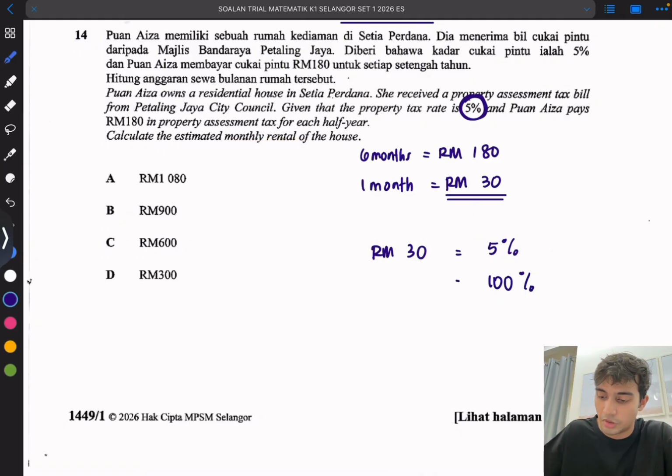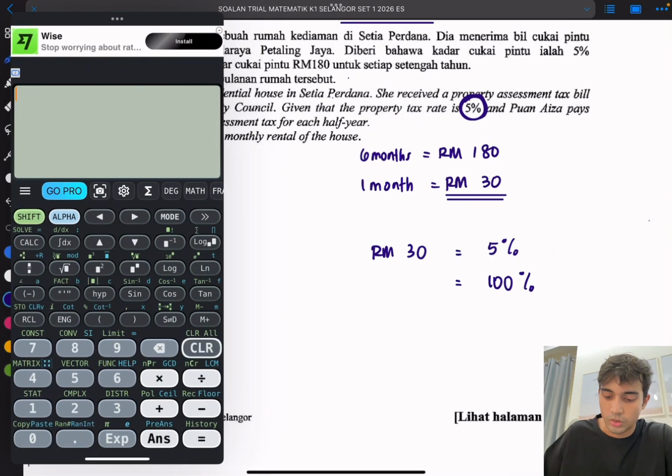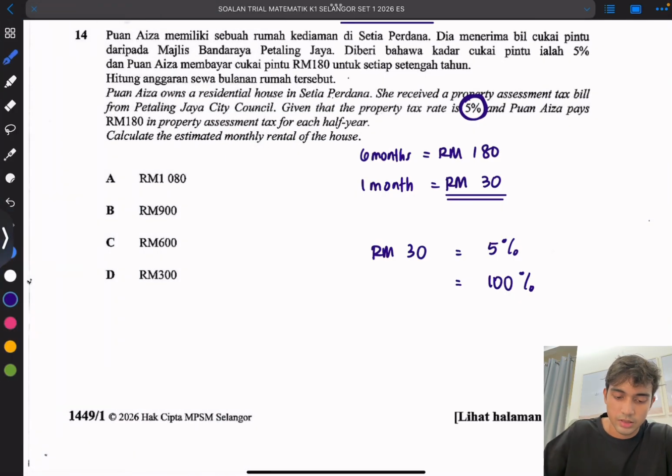So this one you can use ratio. 5 you want to make it into 100, we have to darab dengan 20. Because 100 divided by 5 is 20. So here we times 20. So here also we must times 20.